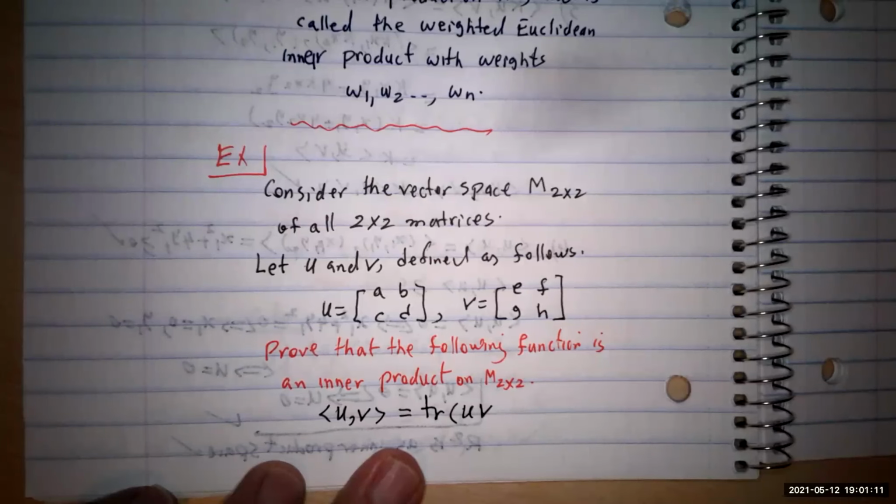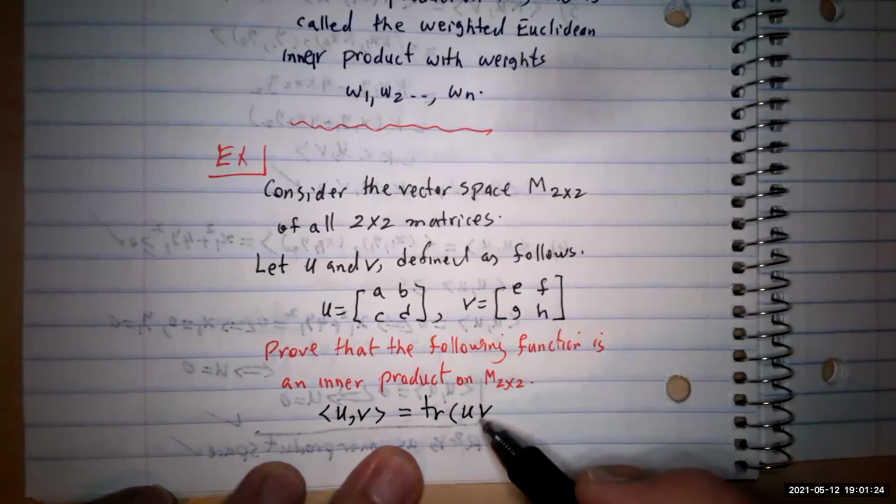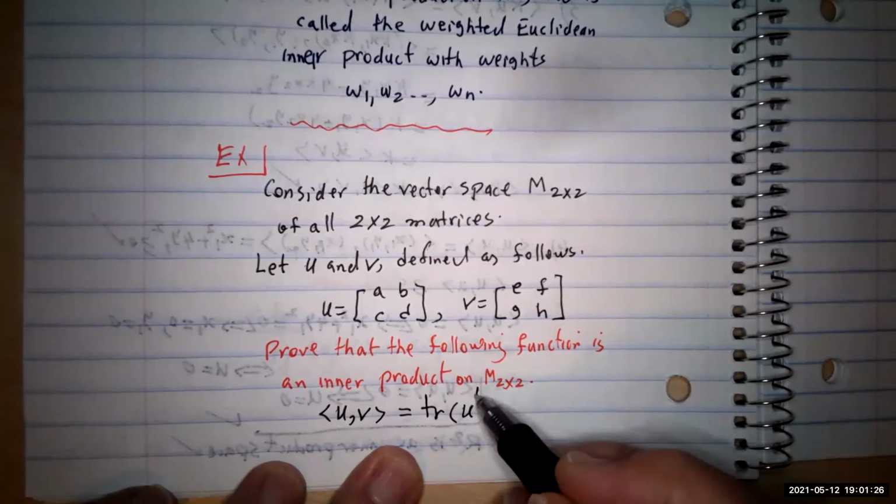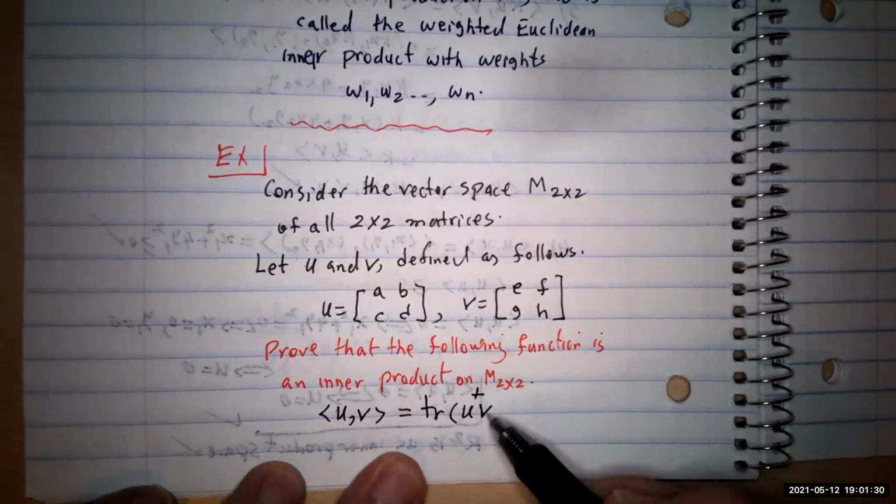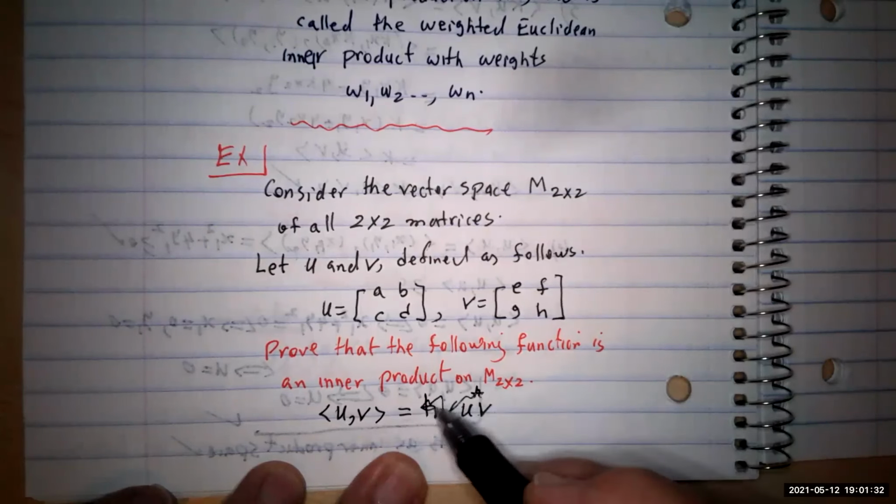The formula would be given to you in this format, or the trace of U transpose V, it doesn't matter. It's the trace of U transpose V as a matrix.